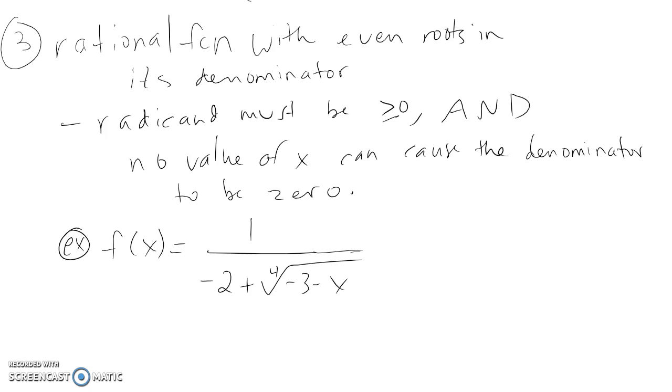First of all, the radicand must be greater than or equal to 0. So we say negative 3 minus x is greater than or equal to 0. If I add x to both sides of this inequality, I get that x must be less than or equal to negative 3.